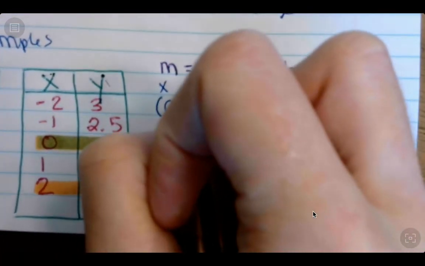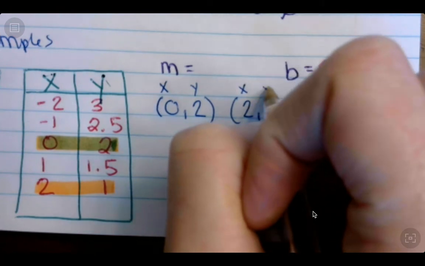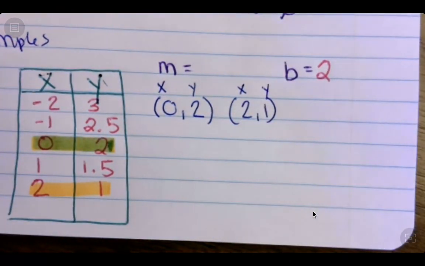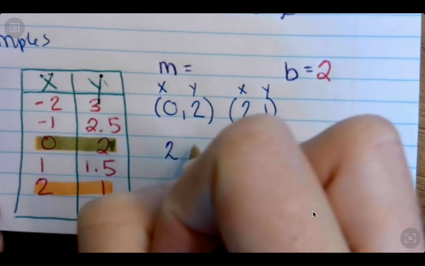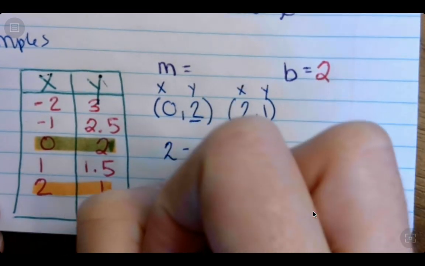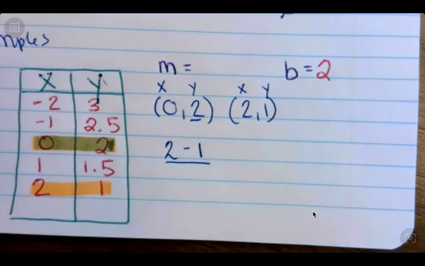I'm going to have my x's and my y's. Remember, I told you I don't care which one goes first as long as you keep it consistent. So if you want to say 2 goes first, then you need to do 2 minus 1, because those are our y's.